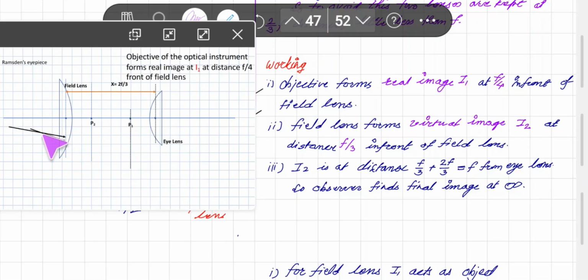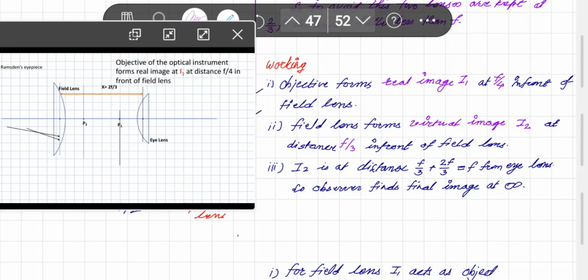The rays from the objective form the image at this position, at a distance f/4 from the optical center of the field lens. This is the arrangement that the image should be at this distance.